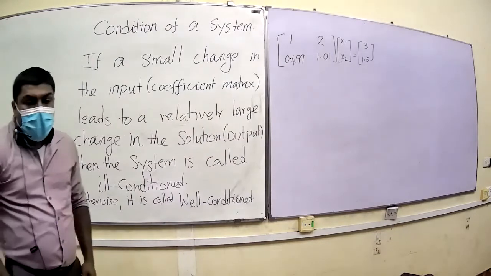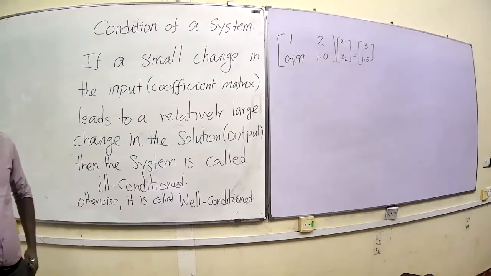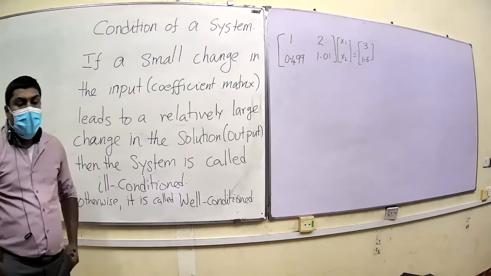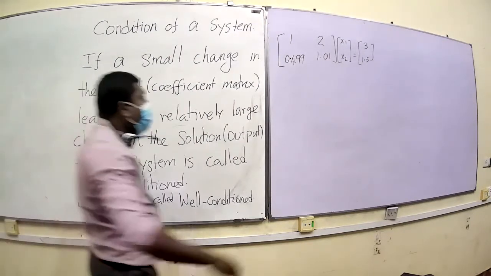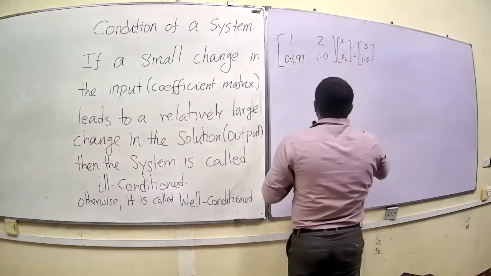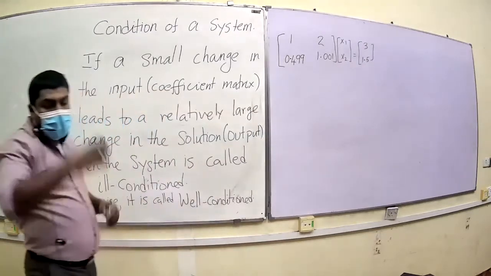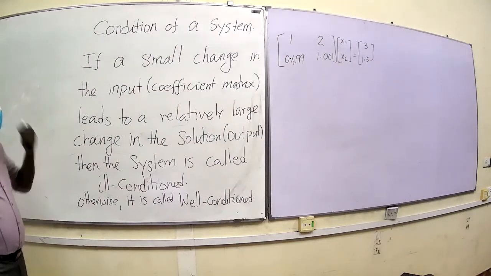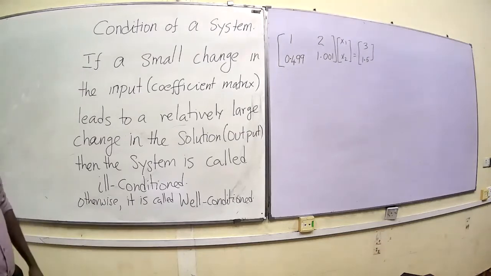Okay, so you have a system like this. Right, 1, 2, 0.499, 1.01, times x1, x2, is equal to 3, 1.5. Sorry, 0.001. So now you know Gaussian elimination, no pivoting, nothing, just Gaussian elimination.